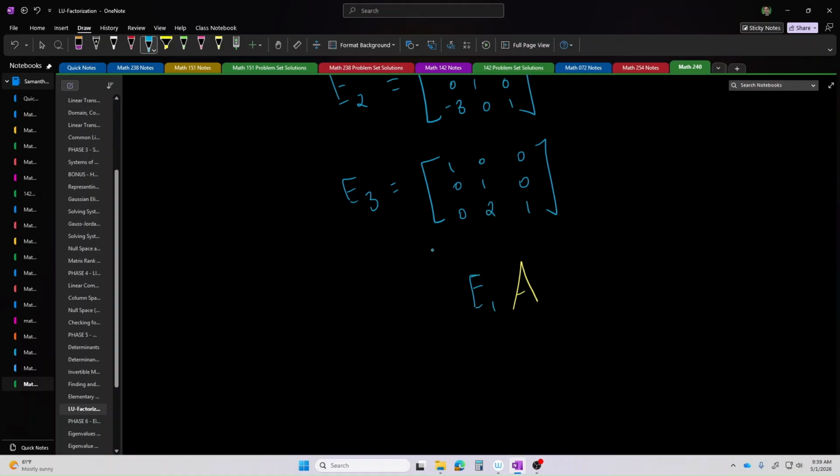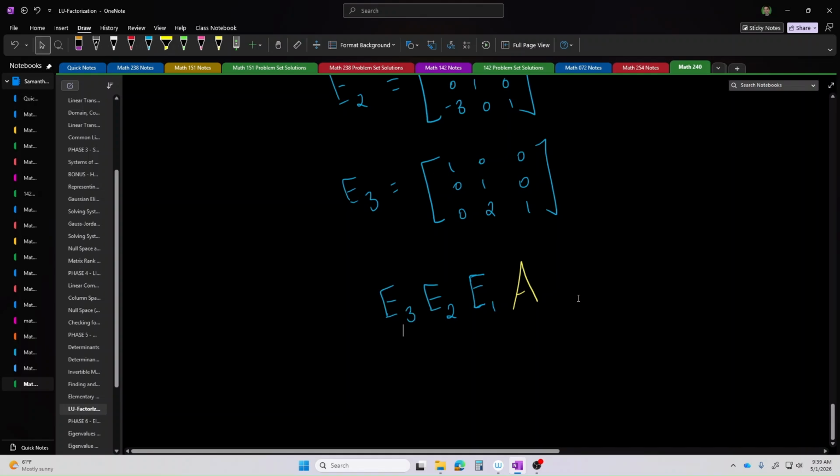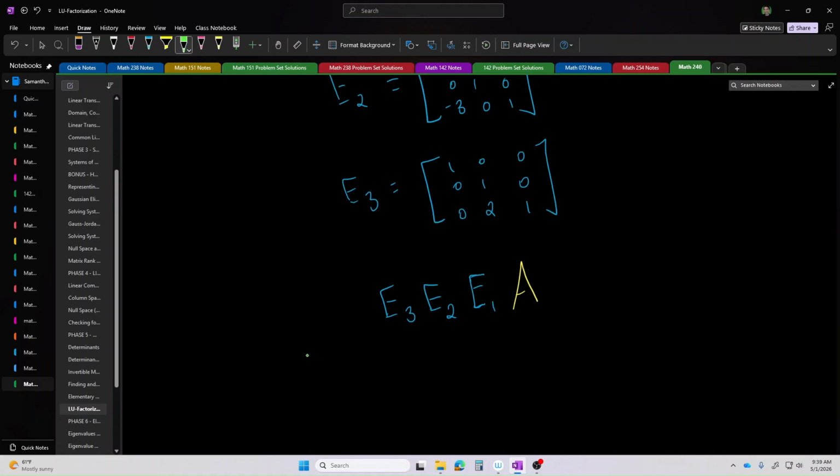So that would correspond to left multiplying by the matrix E1. After that, we multiplied by the matrix E2. That would correspond to performing the second step of the row reduction process. And after that, we performed the third step, which would correspond to multiplying again by the matrix E3. And by performing these 3 elementary row operations, one after another, that transformed the matrix A into the upper triangular matrix U.